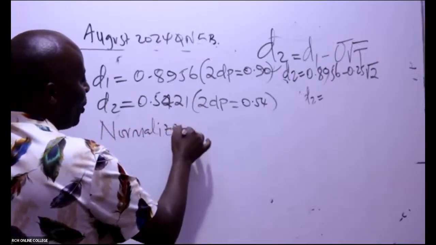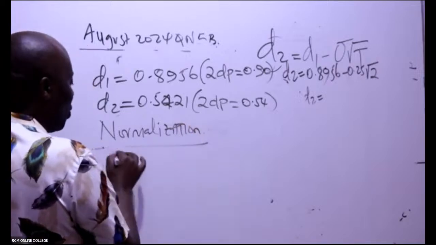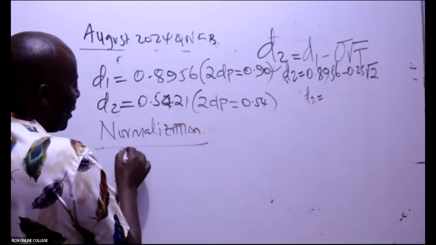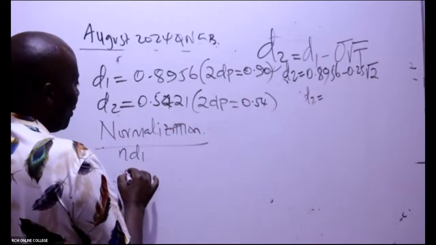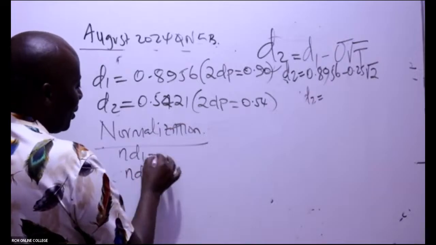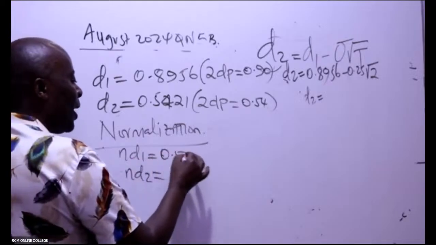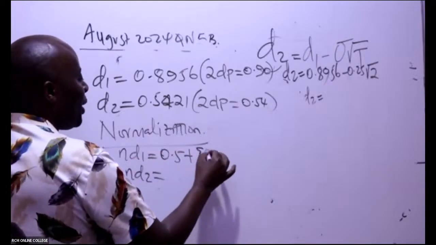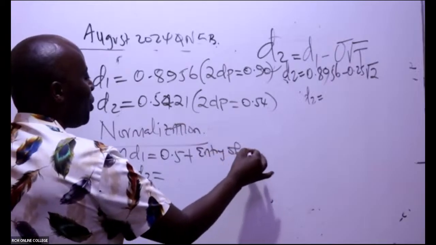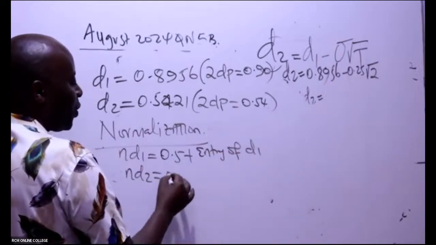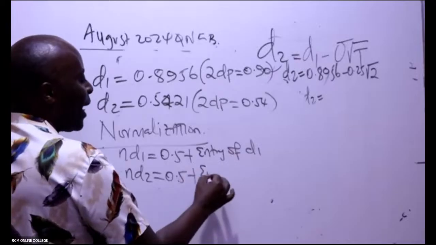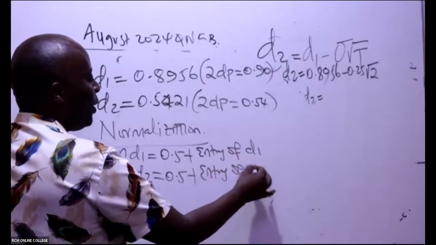Normalization gives us what we call ND1 and ND2. ND1 will be 0.5 plus N of D1, and ND2 will be 0.5 plus N of D2.